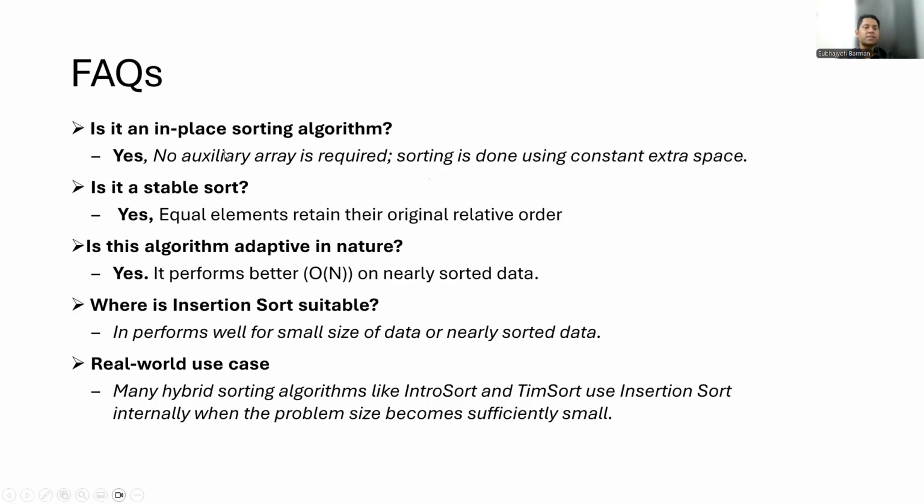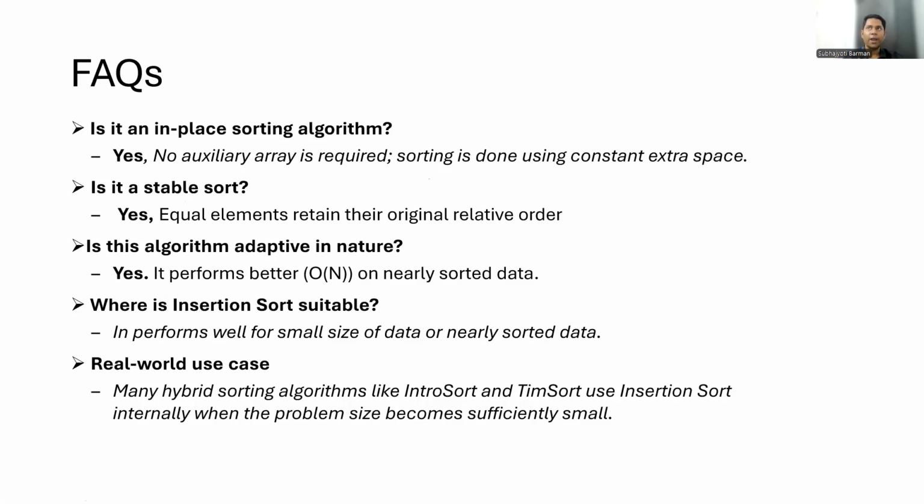Is it a stable sort? The answer is yes. Equal elements will maintain their original relative order, so that's why it is a stable algorithm. Is this algorithm adaptive in nature? The answer is yes.